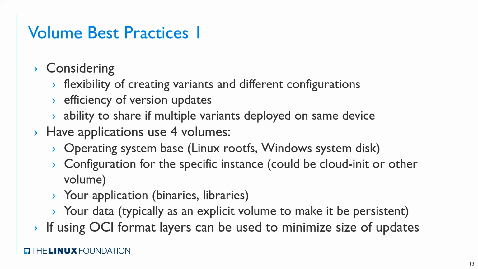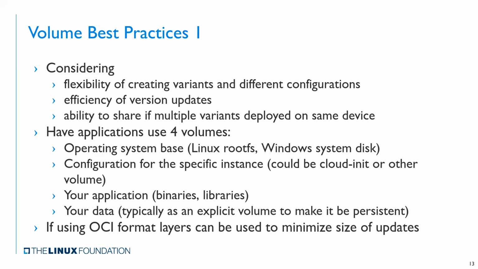In addition to this, you can walk through what this actually does. It means that if I have a new version of the application, and it's 100 meg in size, but it's sitting in an operating system that's a gigabyte in size, well, if I only need to update the application, that's the only thing that I touch here. If the configuration is updated more often, that's typically a tiny volume that gets touched.